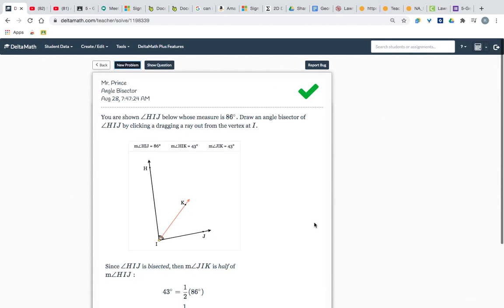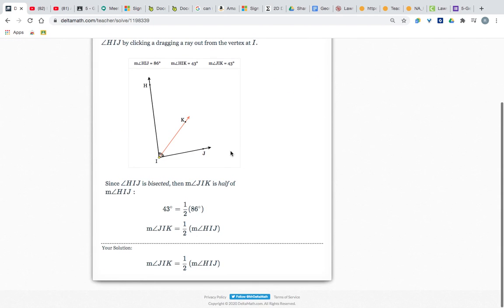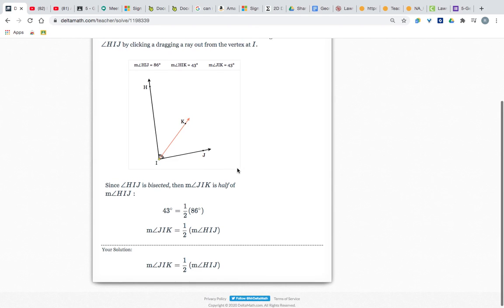Don't miss these because you're not taking your time on the multiple choice at the bottom. If you have to, you can plug the numbers in. JIK, it even tells you right up here. JIK is 43 degrees. HIK is 43 degrees. HIJ is 46. So if you have trouble reading your angles, we'll get to that point.